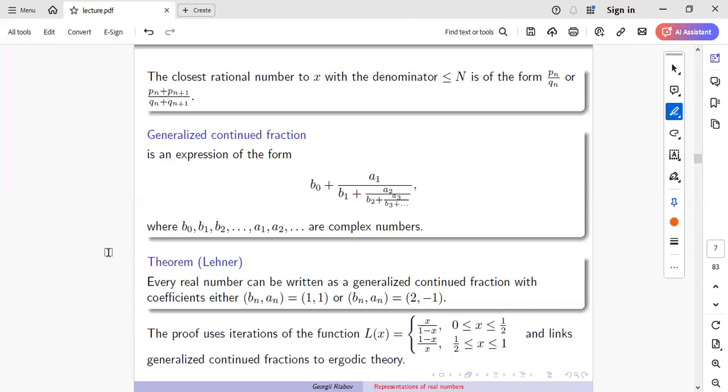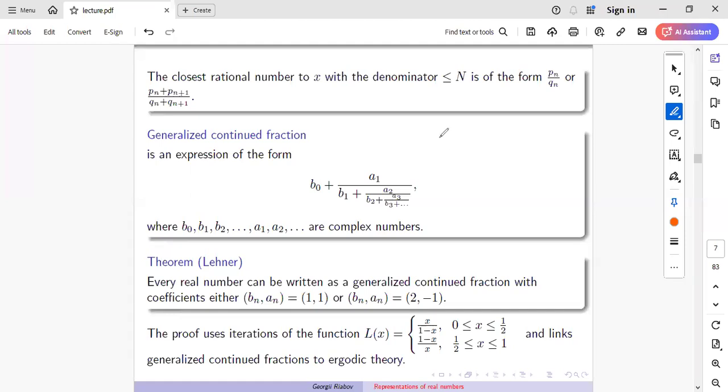And it is interesting that the proof uses a special function L of x, which is equal to x over 1 minus x when x is less than 1/2, and 1 minus x over x when x is bigger than 1/2. By iterations, I mean the following.